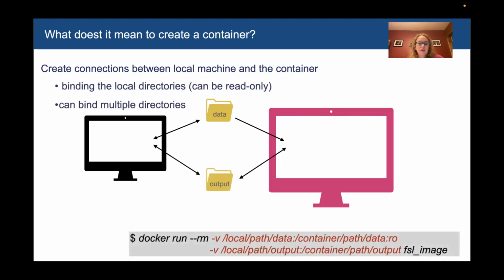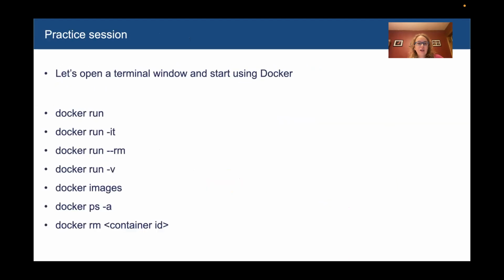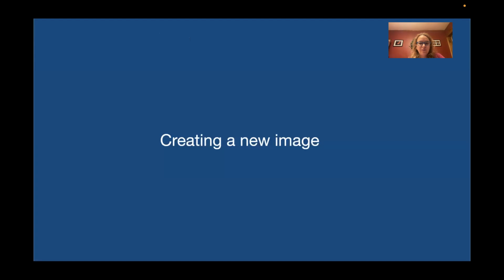But especially if you want to write the output somewhere, you can also create bindings that have write access, which is actually the default. Today we will not have too much time to work with Docker, but there are several commands that you might be interested in checking.